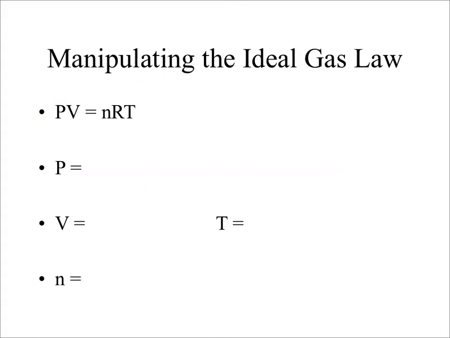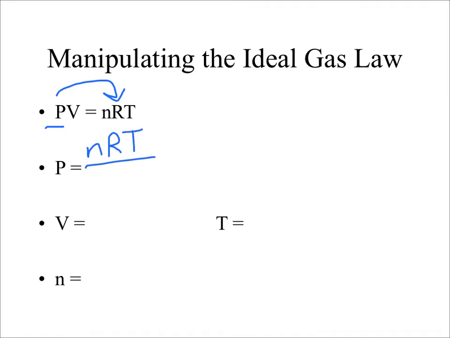Just like we did with the combined gas law, we can also manipulate the ideal gas law to solve for any variable. If we want to solve for pressure, P, underline the P, take everything opposite, and put it on top, nRT.